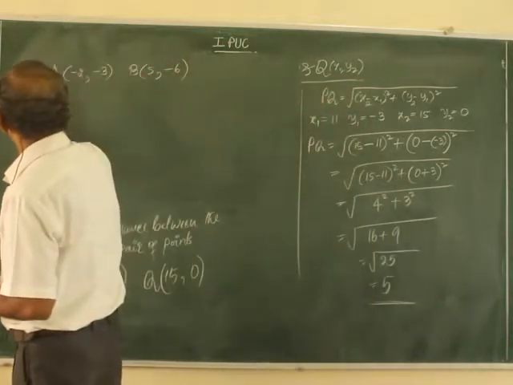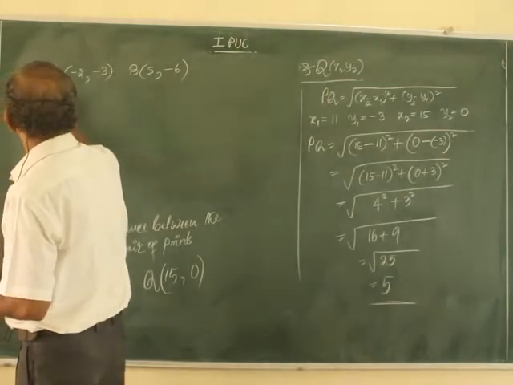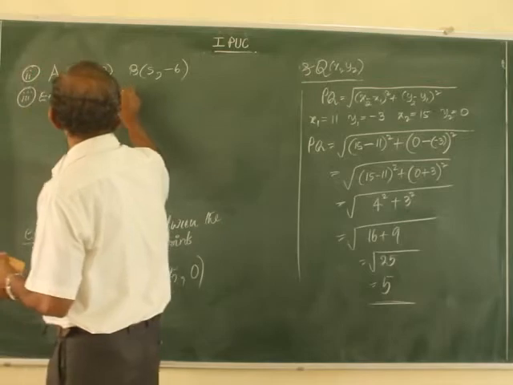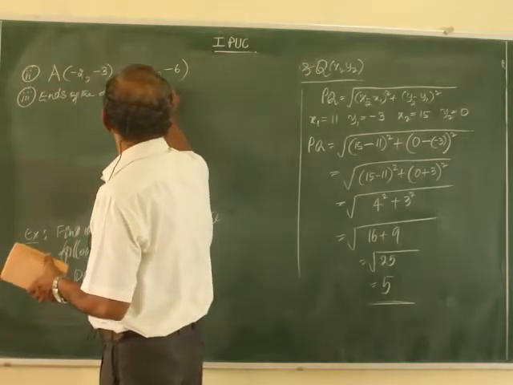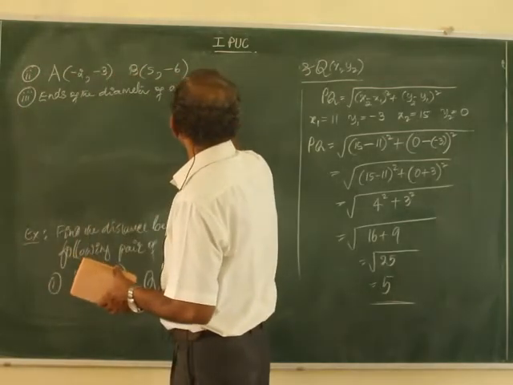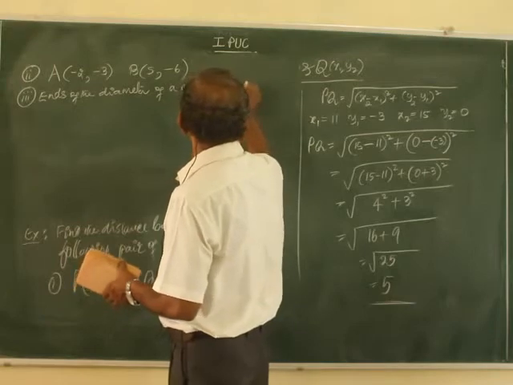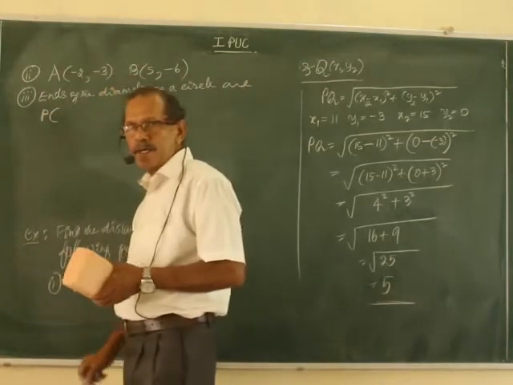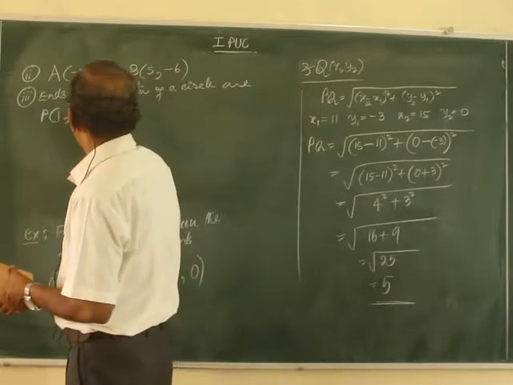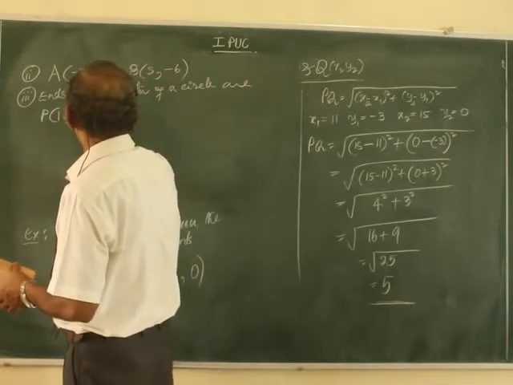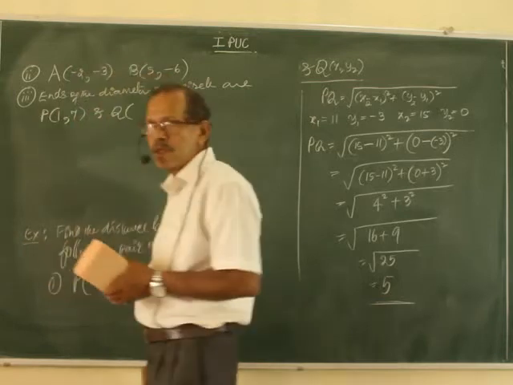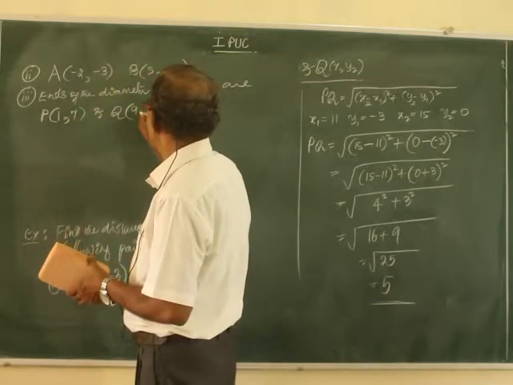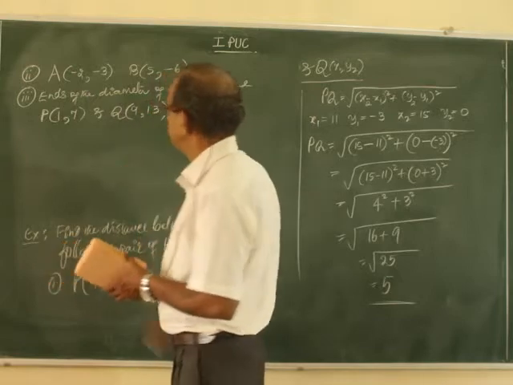Third one, ends of the diameter of a circle are P (1, 7) and Q (9, 13).